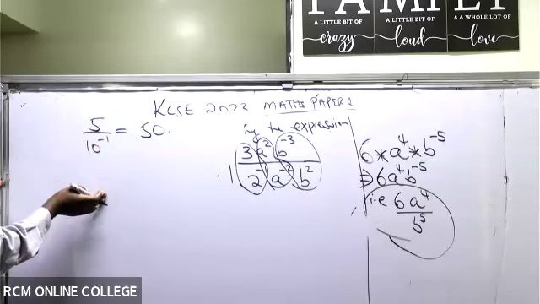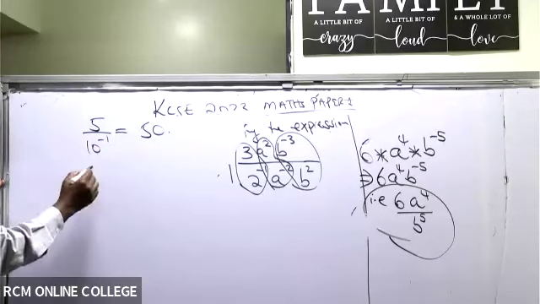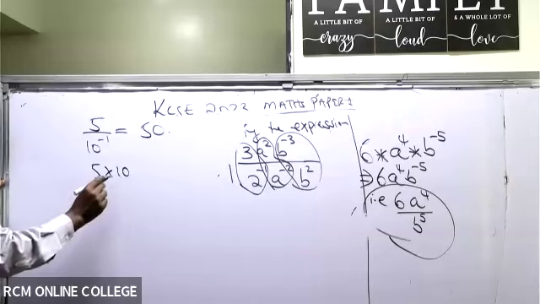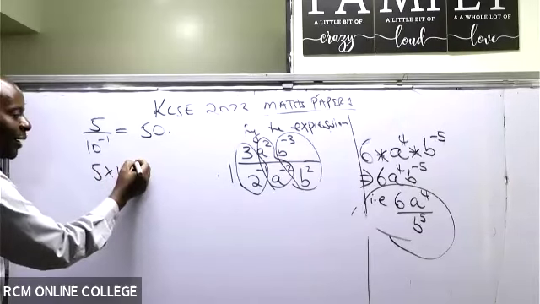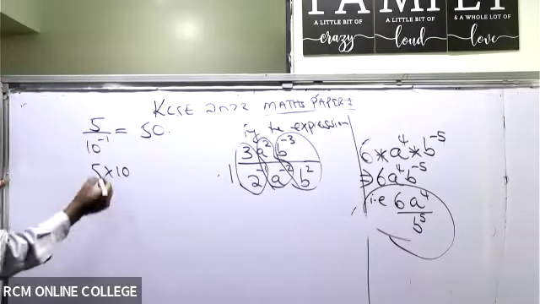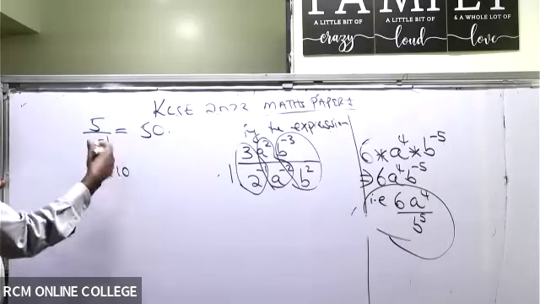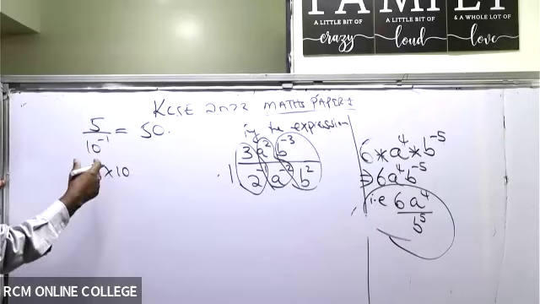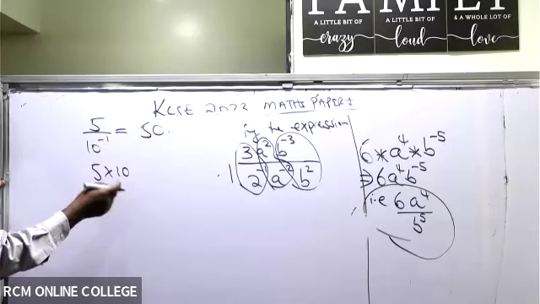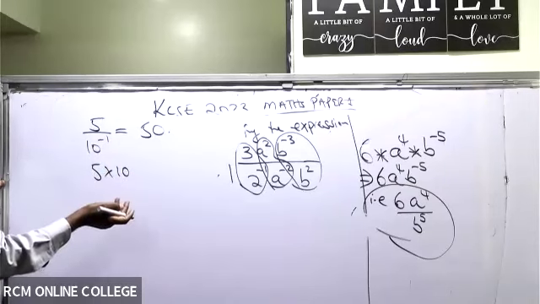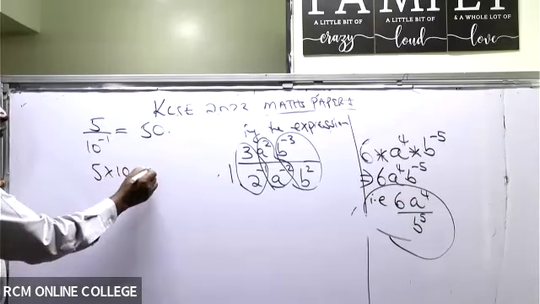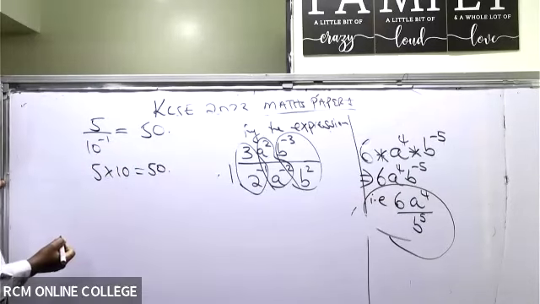I'll say 5 times 10, but I can't say raised to minus 1. Now the minus goes, so it becomes times 10 raised to positive 1, which is 10. So 5 times 10 gives me 50.